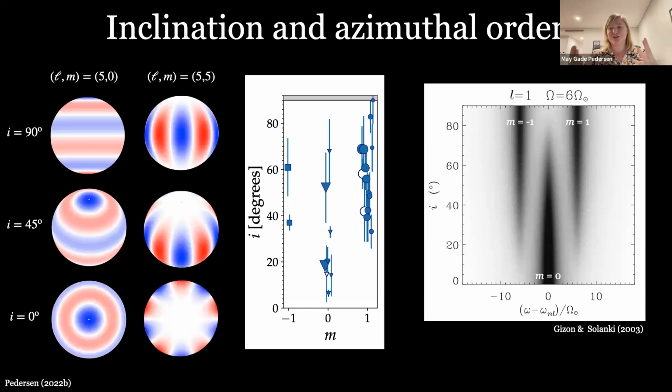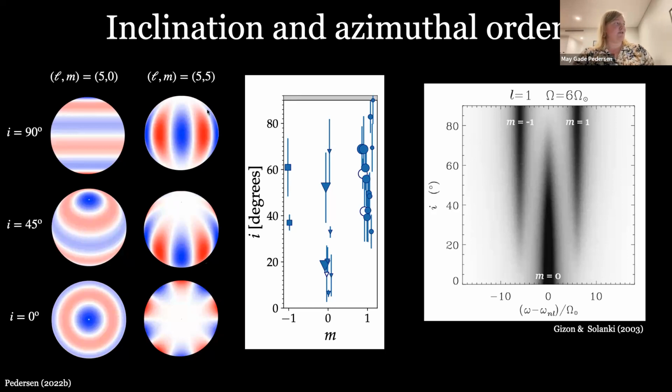Again, this has to do with surface cancellation effects happening for the stars, where for the cases where we're seeing the stars pole on, and none of the nodal lines are crossing the equator, essentially all of these segments on the surface of the star, the changes in the flux that those cause end up canceling each other out. And that's why we have a lower amount of modes that we can find for high inclination angles for these m=0 values.